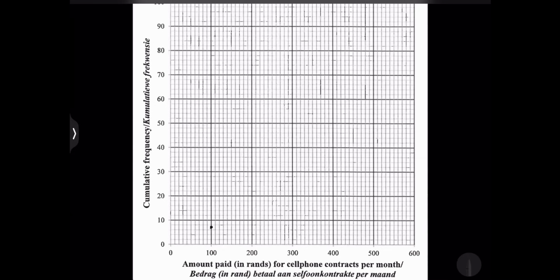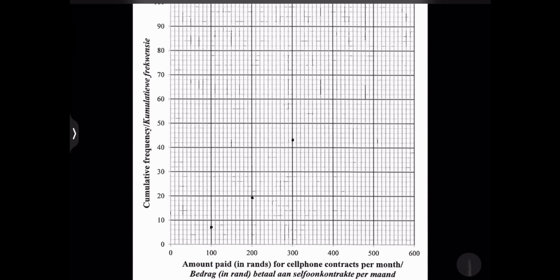At 200 we've got 19, so there's our 19 value there. And at 300 we've got 43, so that's 42, 43 somewhere there.